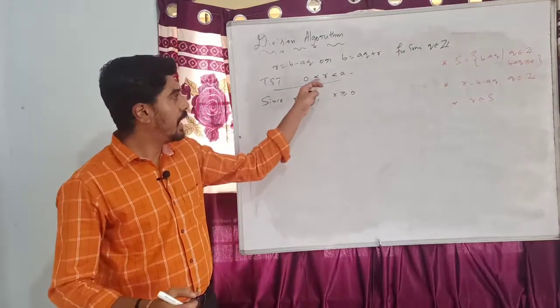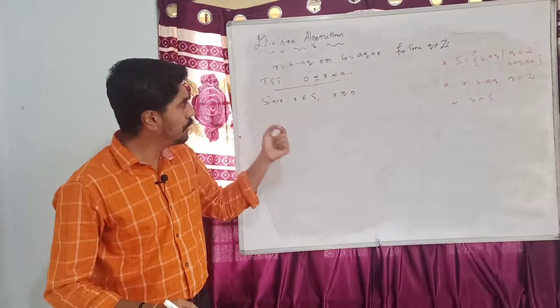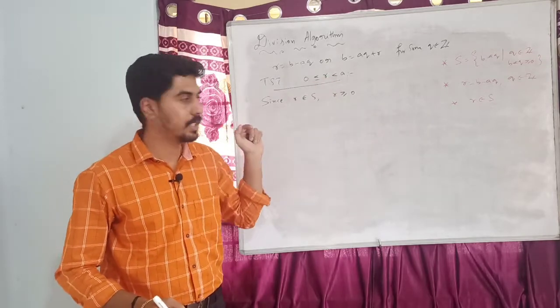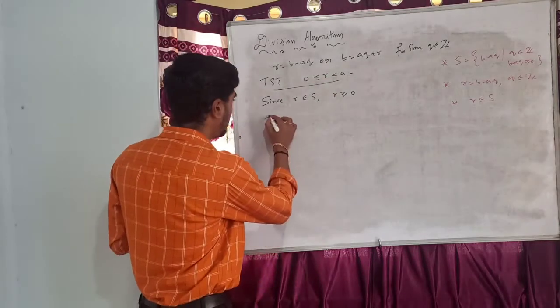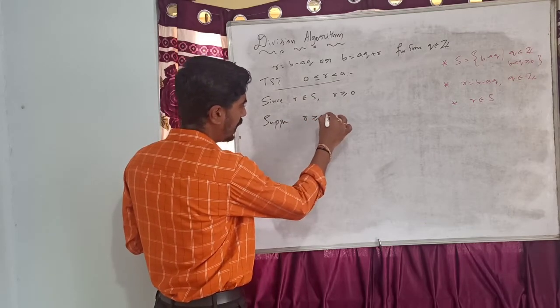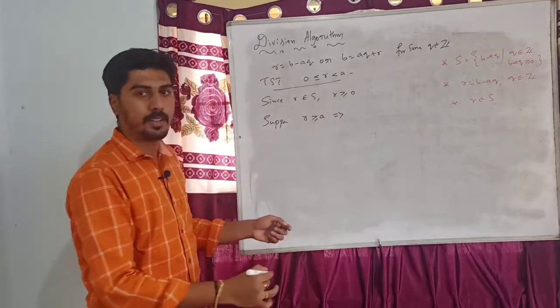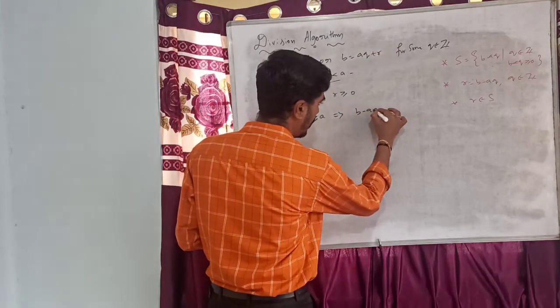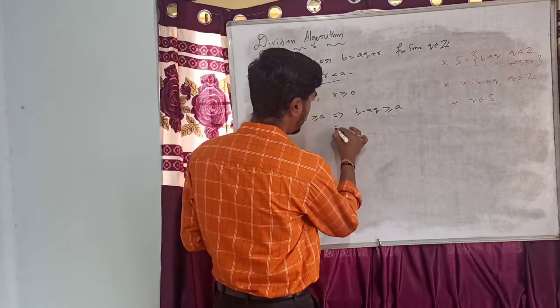Now to show that R is less than a, I assume that R is not less than a and arrive at a contradiction. Suppose R is greater than or equal to a, then since R equal to b minus aq, b minus aq is greater than or equal to a.